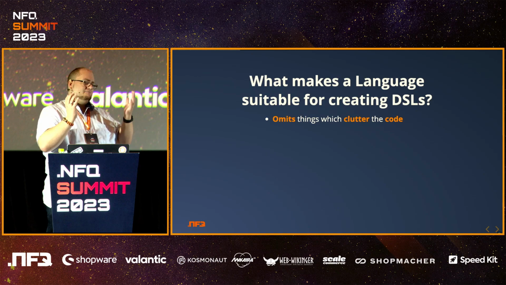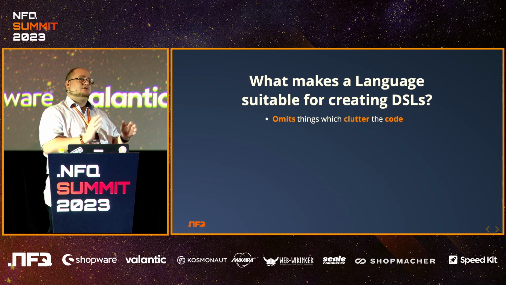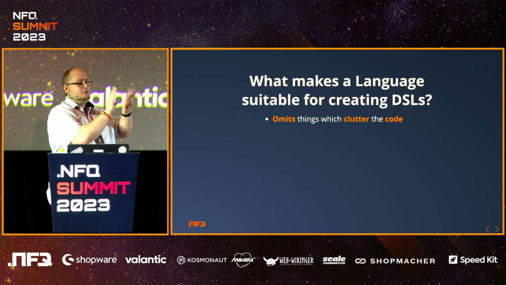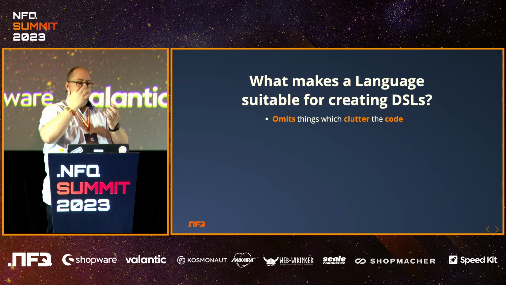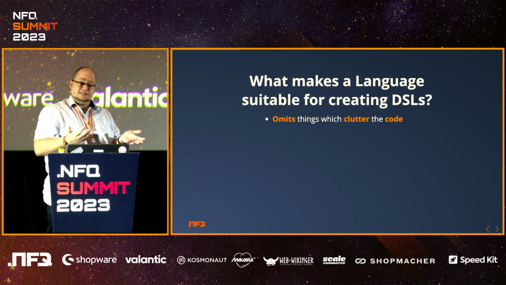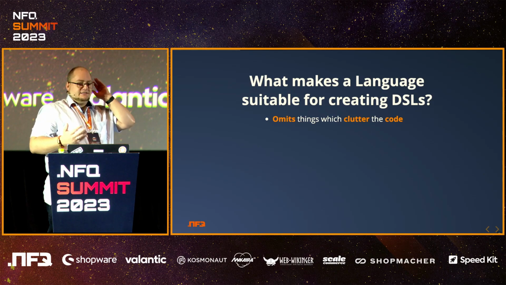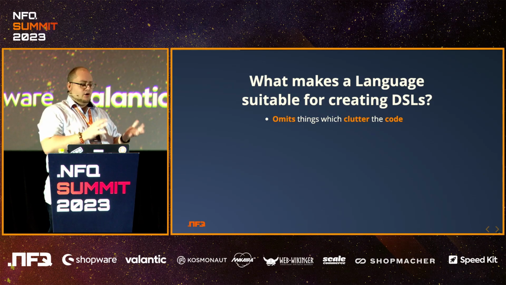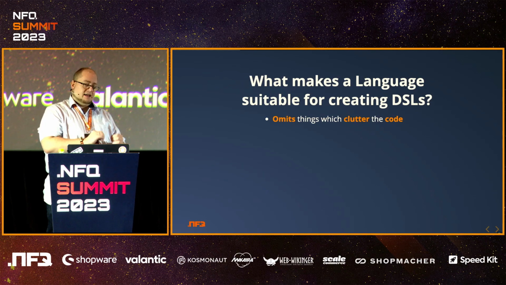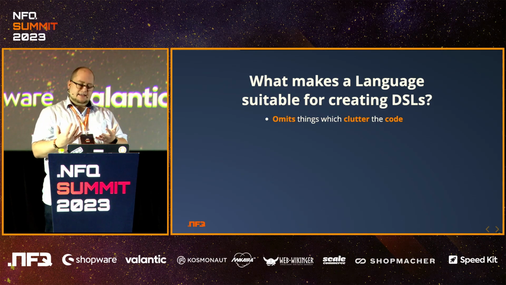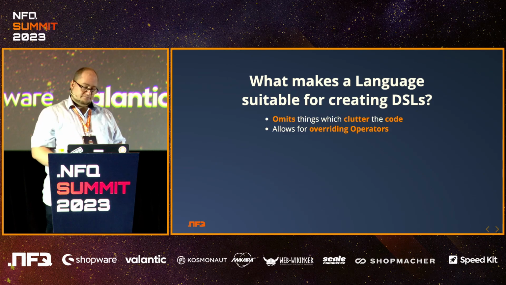If you ever programmed Java and tried to load a file a few years ago, you had such a big piece of code which just loads the file, but for people who don't know what happens there, it just looks awful. So try to omit as many characters or boilerplate things as you can.